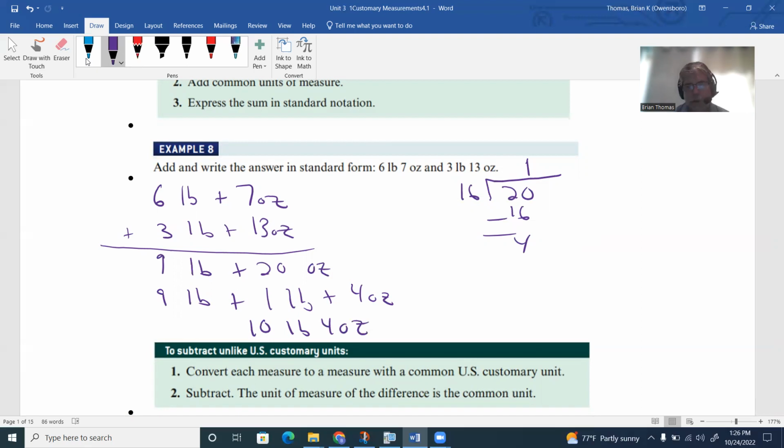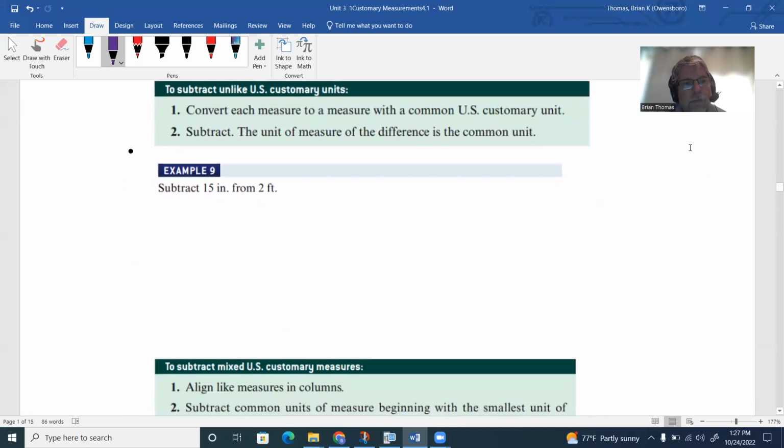If you have mixed measures, they want you to leave that in mixed measures. Now, if I want to do subtraction, like 15 inches from 2 feet, notice that from 2 feet means I'm starting with the 2 feet. So that's 2 feet minus 15 inches.